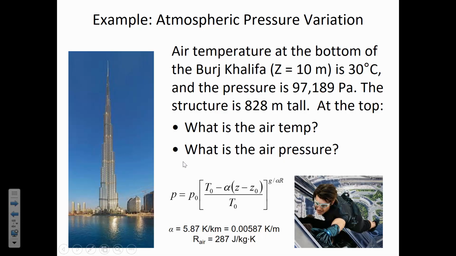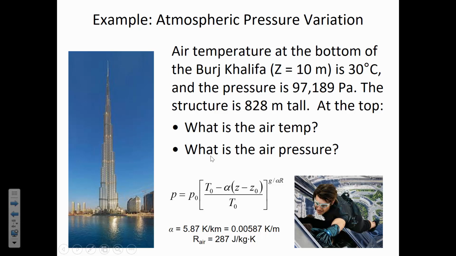Okay, so just to get a feel for how this equation looks, let's consider the case of the Burj Khalifa. This is a building where you'll actually notice the pressure difference as you ride the elevator up to the observation tower. And the observation tower is only about 2/3 of the way up, and still your ears are popping like crazy.